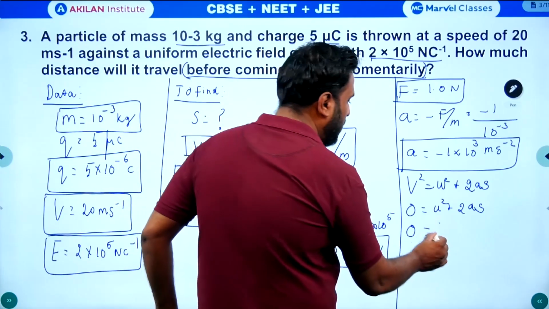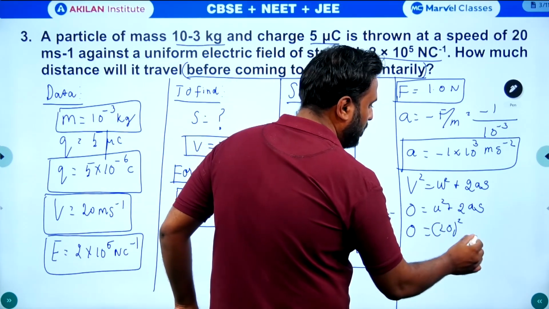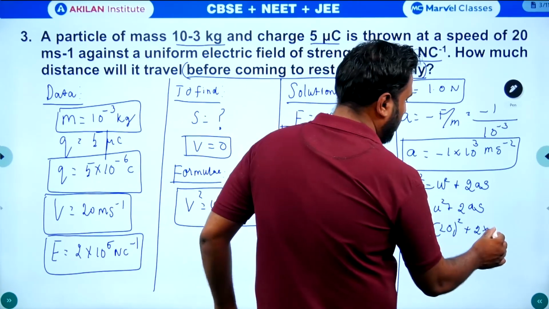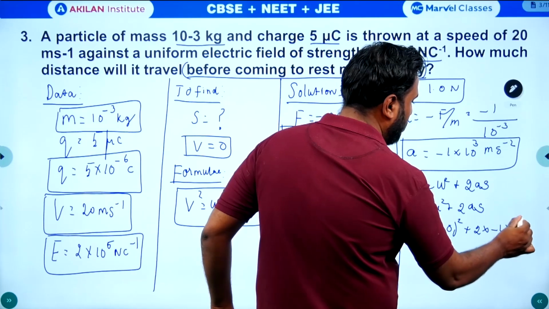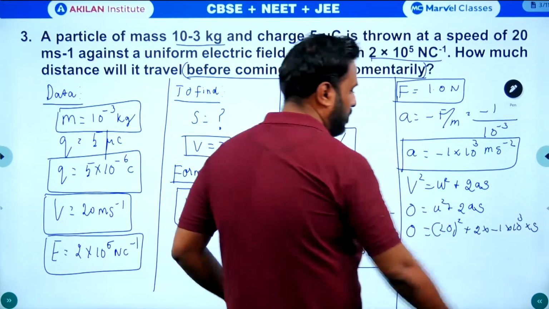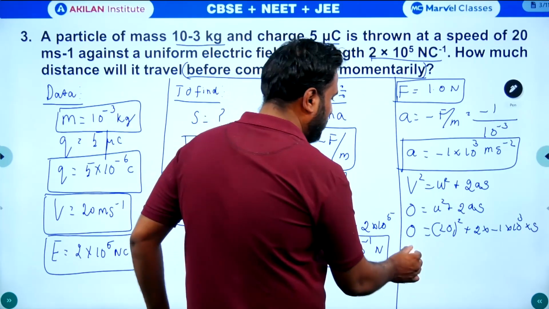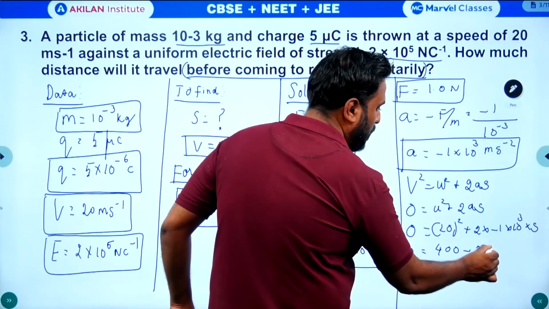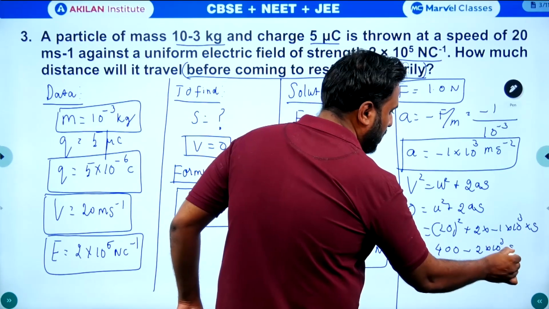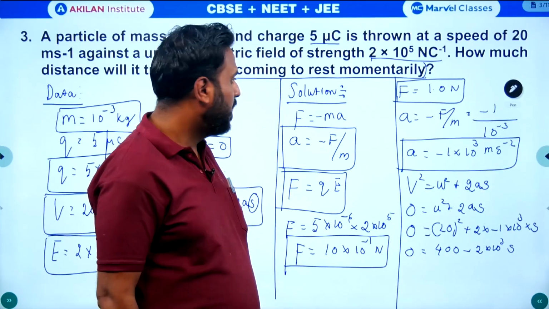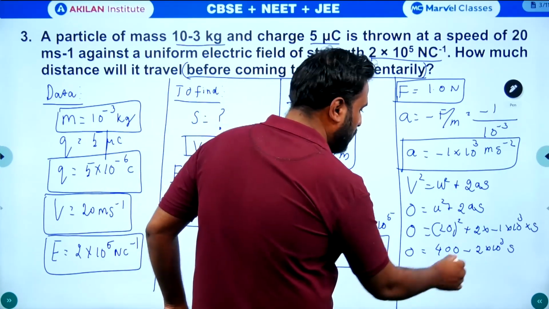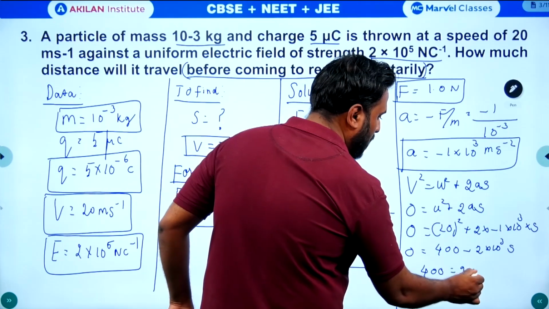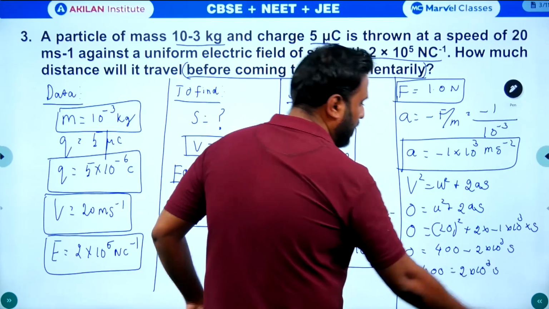So 0 equals 20 whole square plus 2 into the acceleration, minus 1 into 10 to the power of 3, into S. So 20 square is 400, minus 2 into 10 to the power of 3 S. Now we are going to equate this equation, so 400 equal to 2 into 10 to the power of 3 S.